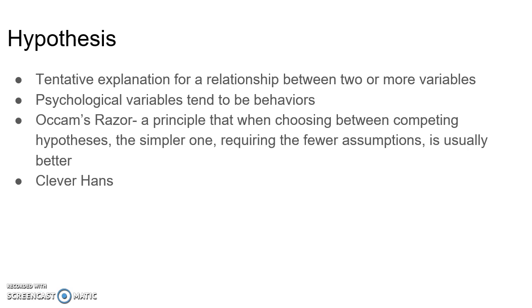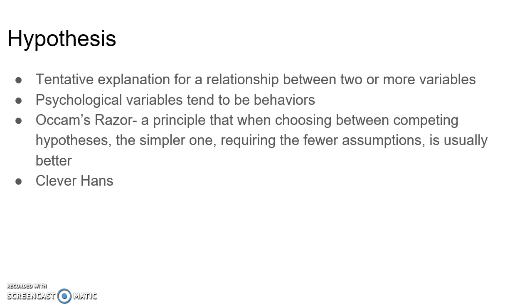The textbook provides an example in the form of Clever Hans. Clever Hans was a horse who appeared to understand mathematics, but the hypothesis that the horse understood mathematics was a heavily complicated hypothesis that featured several assumptions and was disproven by the simpler hypothesis that the owner of the horse was giving it cues to suggest how to calculate things, or in other words, to suggest the answers to problems.